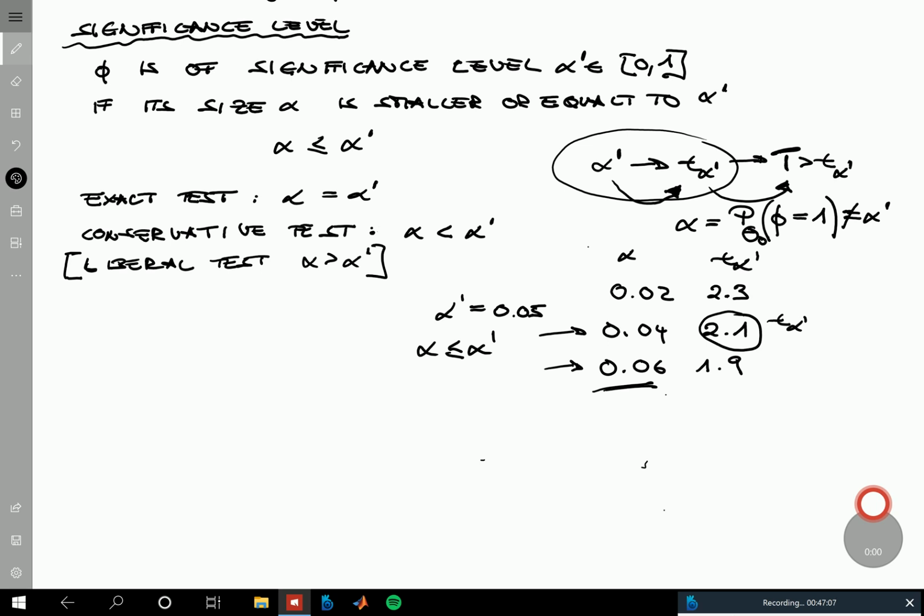So for example, go from 0.3 to 0.7 only by including one more discrete cluster, and then of course your significance level and your test size will be different.